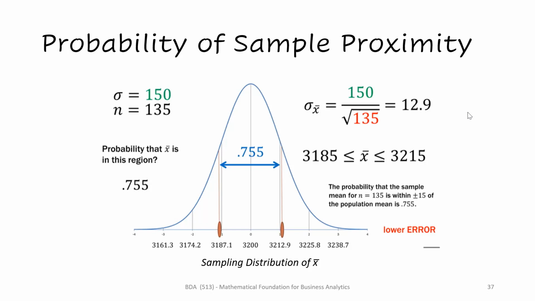So reading from the Z table, the 1.16, you will get 0.8770. And the negative 1.16, you get 0.123. So when you do the subtraction, you get 0.754.